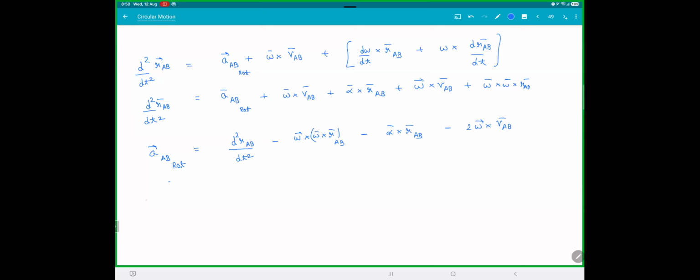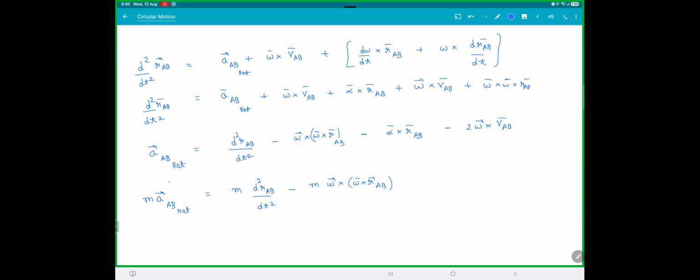Multiply mass on both the sides. So mass into acceleration of AB in the rotating frame will become force in the rotating frame. This will become m into d square RAB by dt square. Remember here, omega and alpha are the angular velocity and angular acceleration of the observer's head.